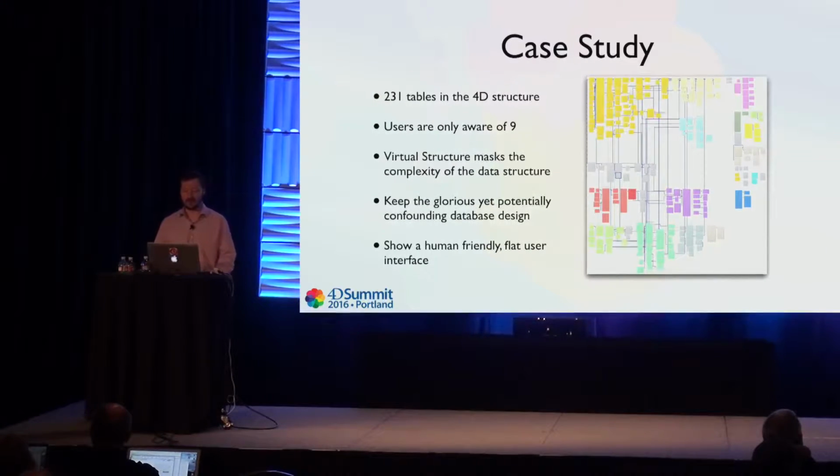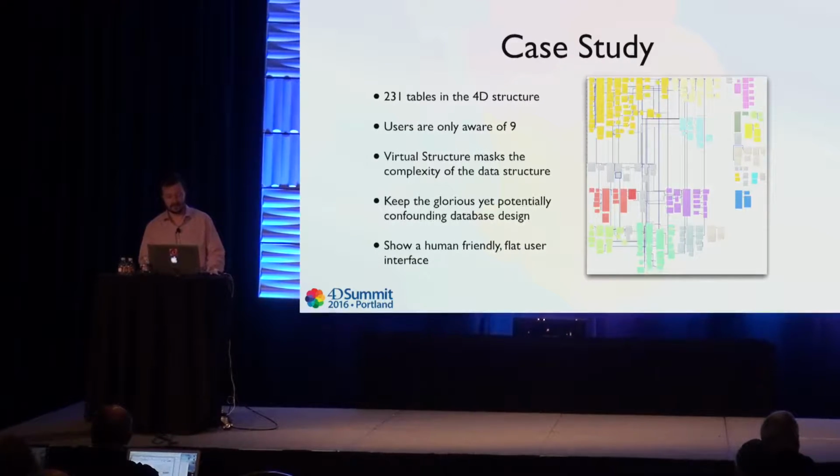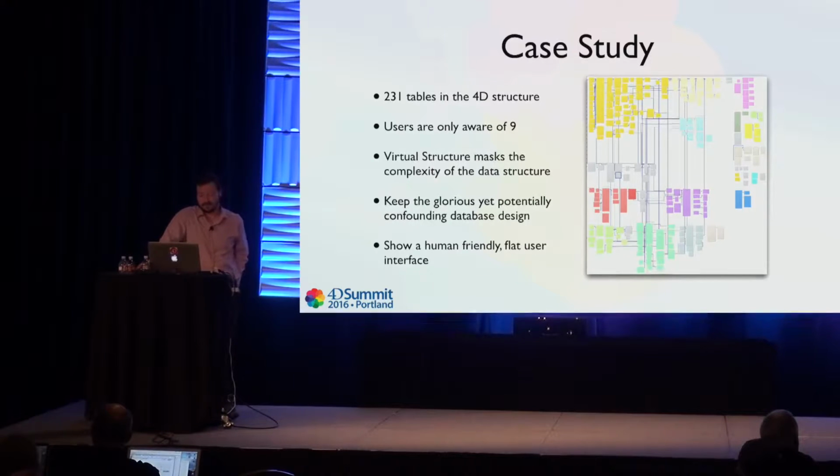We have 231 tables in the 4D structure. As I mentioned, it's heavily normalized. We probably could easily have double or triple that if it was done a different way. But the users are really only aware of 9 tables.